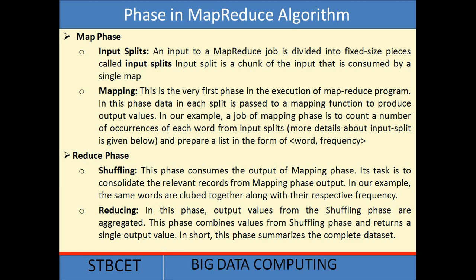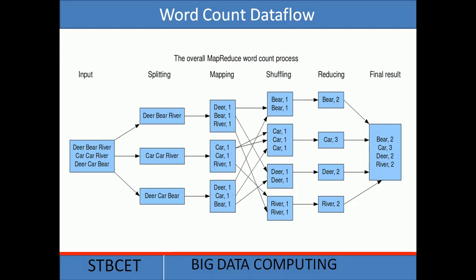We will look into this architecture, the word count data flow architecture. Here in this input, like I have just told you, deer, beer, river, car, river, and deer, car, beer. All these inputs are divided into a fixed size. Here one bigger task or bigger input is divided into many subtasks, you can say, in splitting.